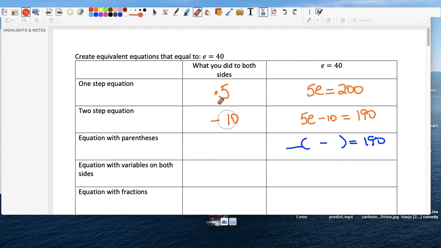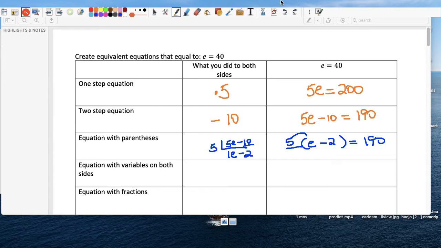Maybe I'll do the ladder method for you. 5e minus 10. What's in common between 5 and 10? Well, 5 is. 5 goes into 5 one time, or 1e, and 5 goes into 10 two times. So 5 is outside, 1e, I'm just going to write e, and 2. If you do this properly, 5 times e is 5e, and 5 times 2 is 10, right? So we're good.